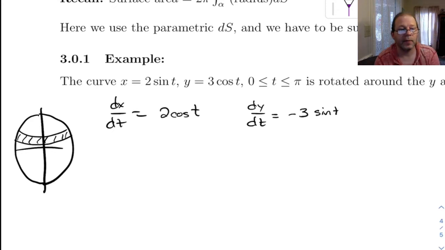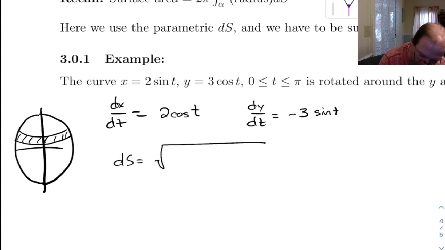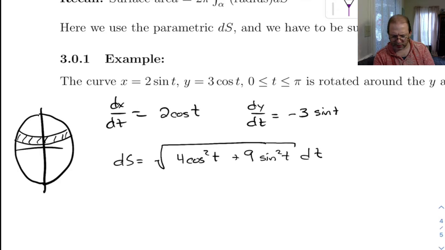So our ds is going to be the square root of 4 cosine squared t plus 9 sine squared t, dt. All right, so that's my ds.